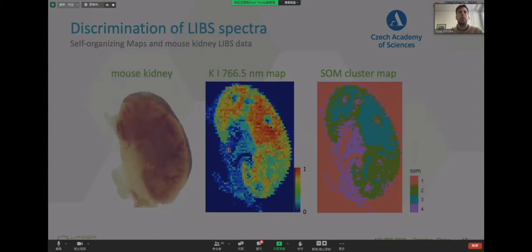What I would like to also mention is that when we are doing elemental imaging, in the end you arrive at a point where you have images of different elemental lines, or different elements.